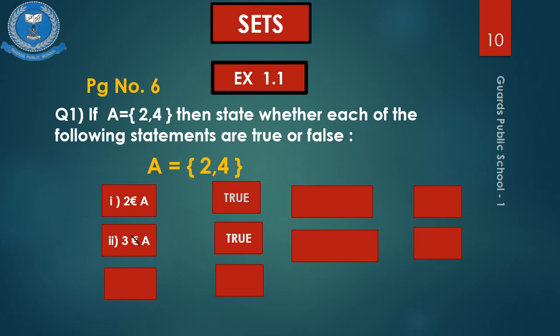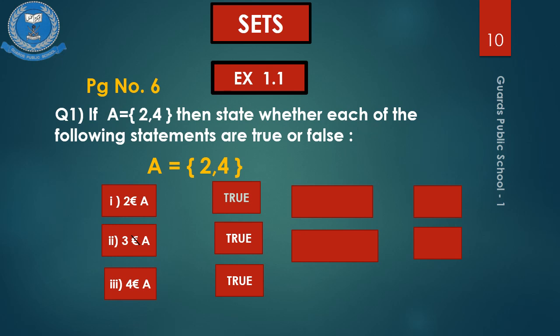Now look at part 3. 4 belongs to A. Now look above at the set A. 4 is an element of set A. So this statement is also true and we will write true.